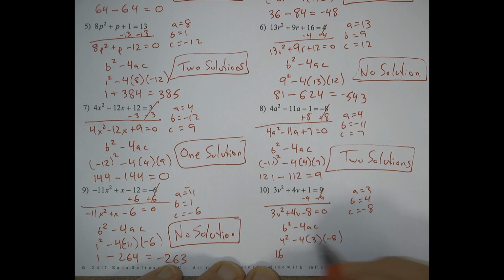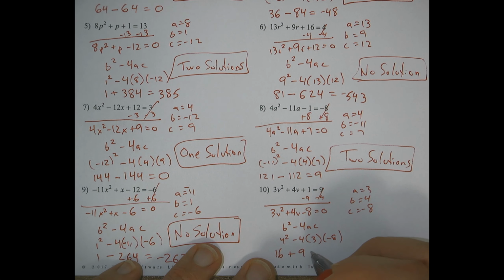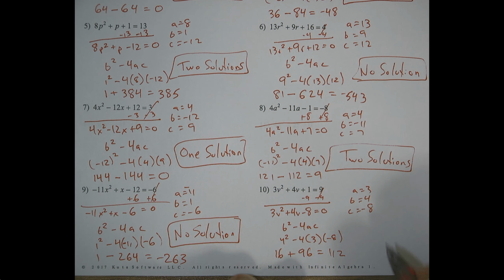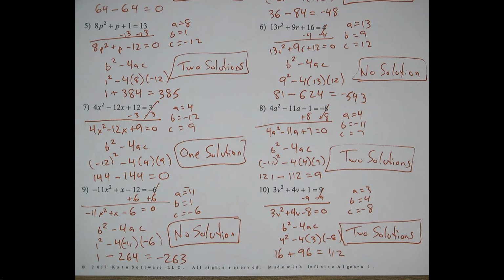Negative, positive, negative. 2 negatives make a plus. 4 times 3 times 8 is 96. Put those together, that's 112. We get a positive discriminant, which means we have 2 solutions.